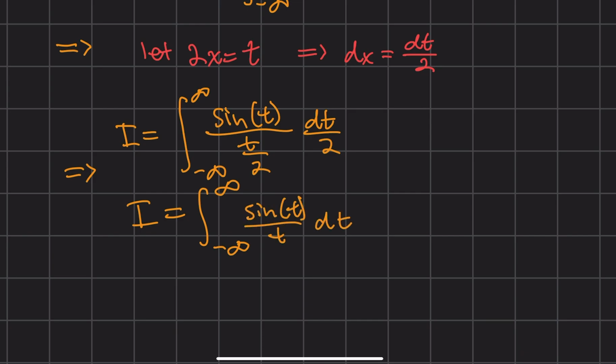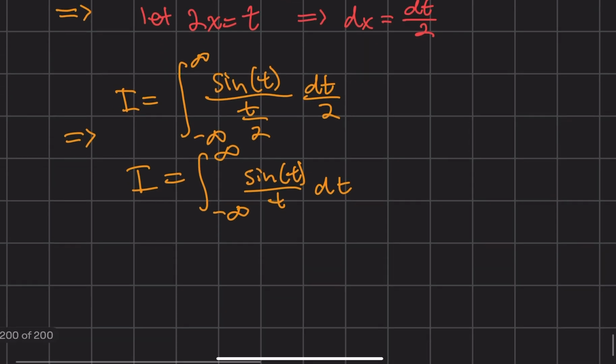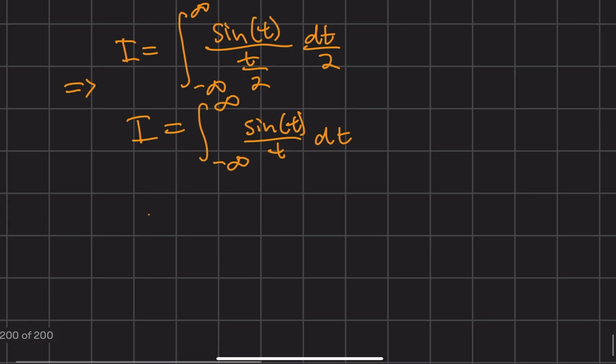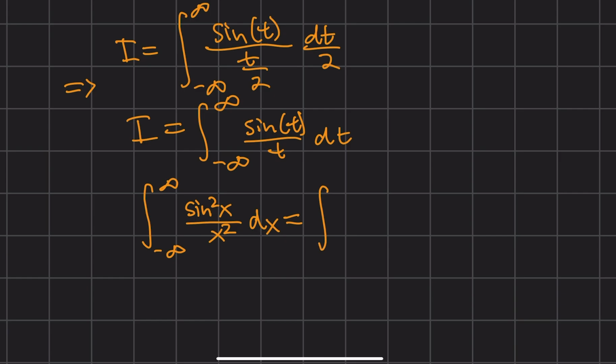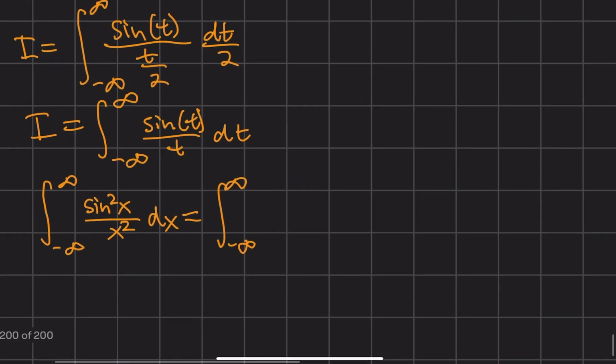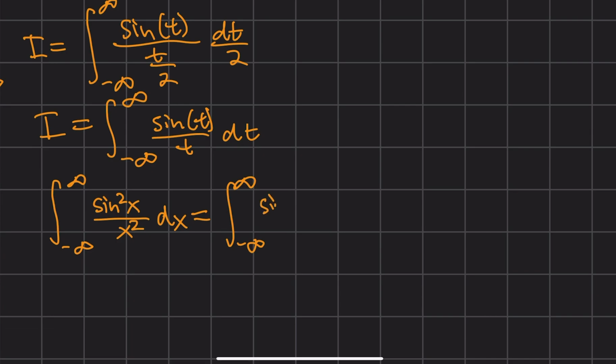Now, why this is really fascinating to me, and why I wanted to make a whole video about it, is because this tells you that the integral going from negative infinity to infinity of sinc squared is exactly equal to the integral of the regular sinc function, sine x over x dx.